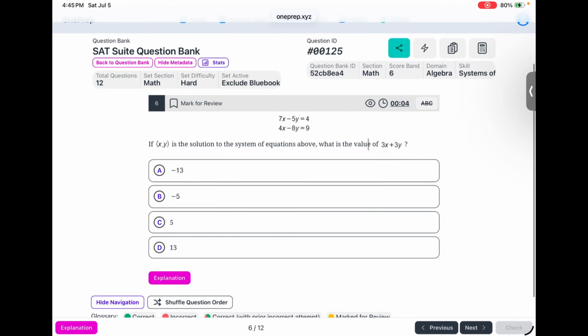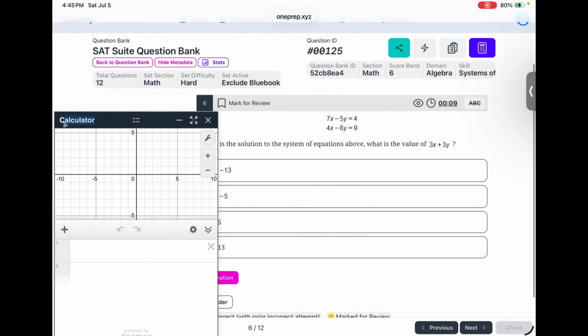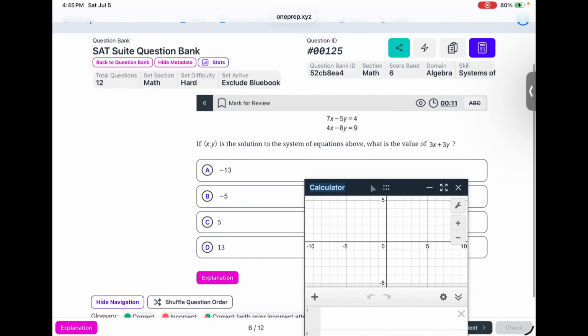If (x, y) is the solution to the system of equations above, what's the value of 3x plus 3y?